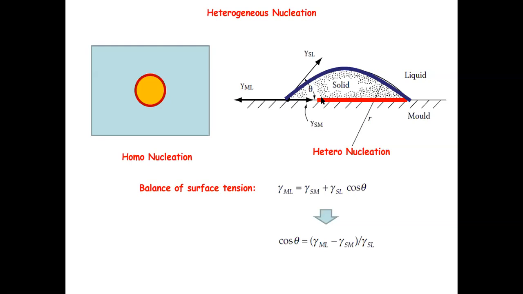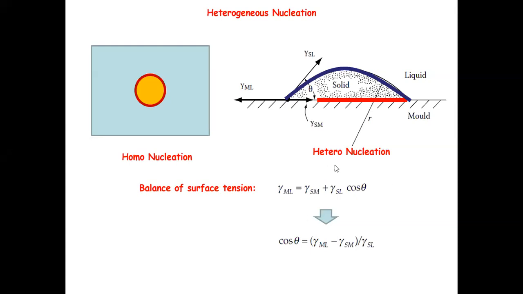And then the key geometrical parameters for this embryo, the spherical cap, involve the radius of the original sphere and this theta, because if you know these two quantities, you can write down the surface, volume, and all of the things about this guy. And from the balance of the surface tension consideration, we can easily obtain this important geometrical parameter theta.